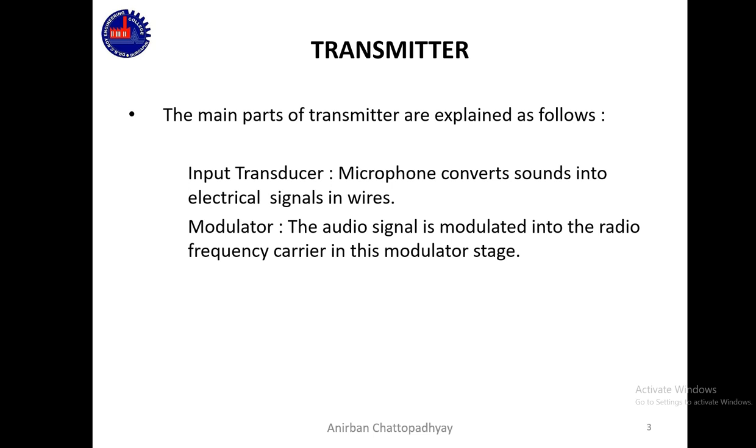Take an example. We consider that our message signal is an audio signal, so the input transducer will be a microphone. A microphone immediately converts the audio signal into an electrical signal for immediate transmission.